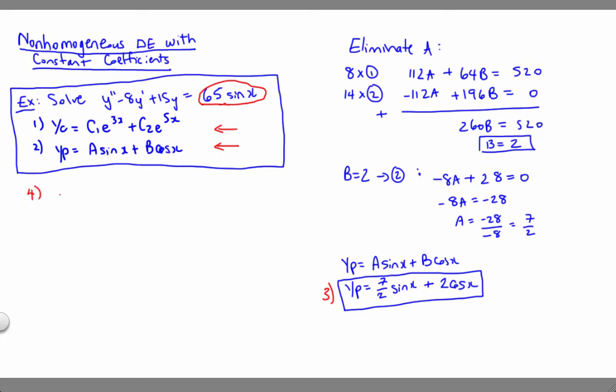So in step 4, we're going to create our general solution, y, and we're going to do that just by adding yc and yp together. So we'll be consulting back with our work from step 1, that was over here, and we'll be consulting our work from step 3, which was down here.